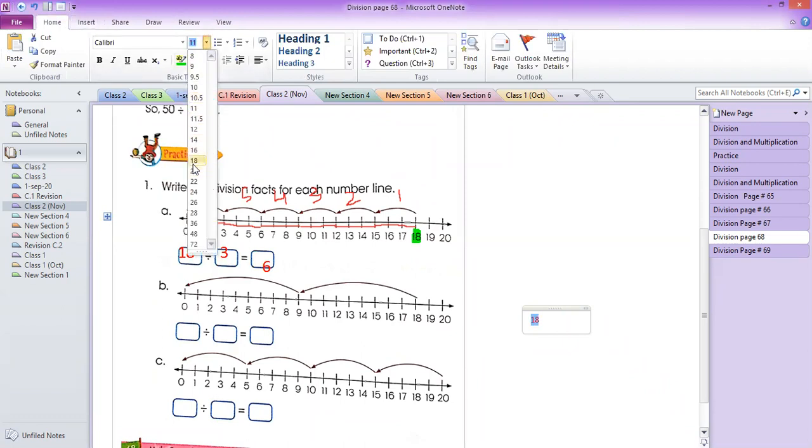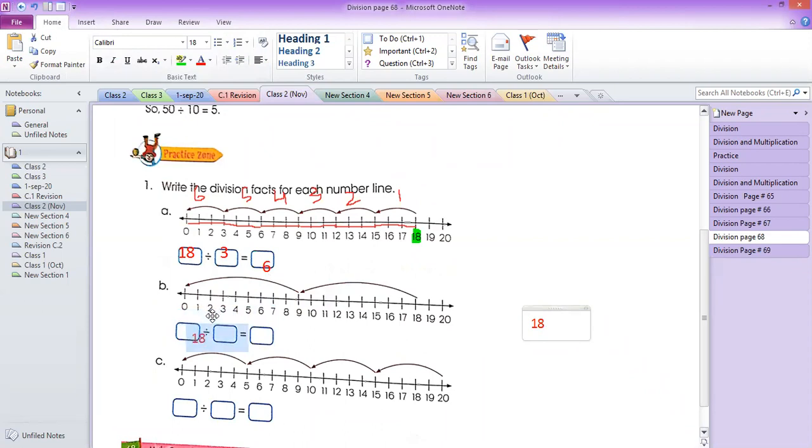This is 18, because you started counting back from which number? 18.